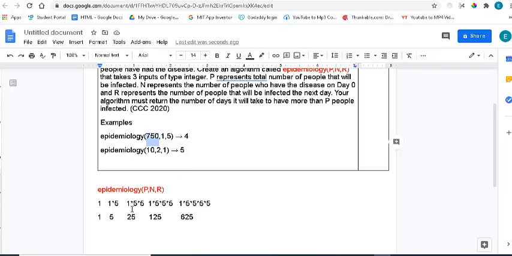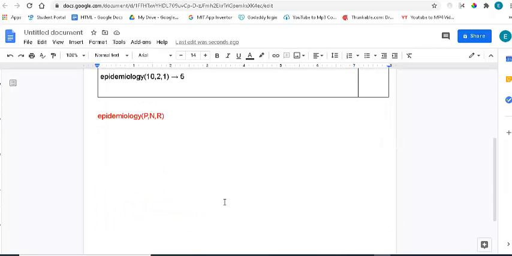So you can see how this works. We're going to write the algorithm to accomplish this. Let's start writing the algorithm. We start with line 1, which is start, using dots for indentation. Then the next line, I'm going to set days to be equal to 0.